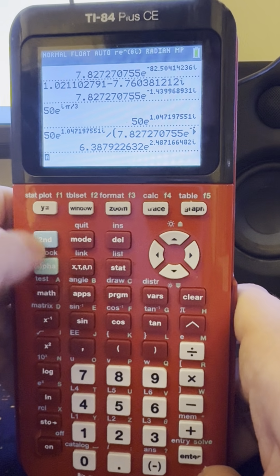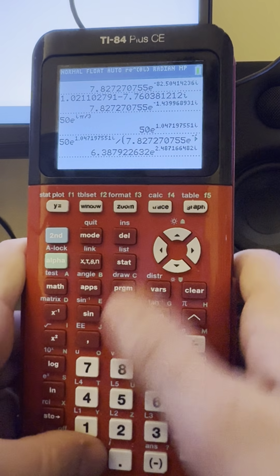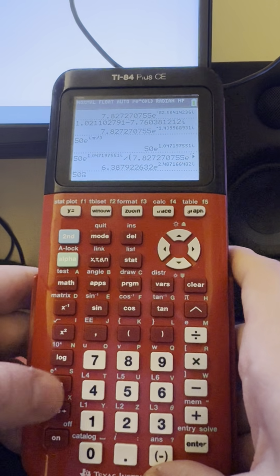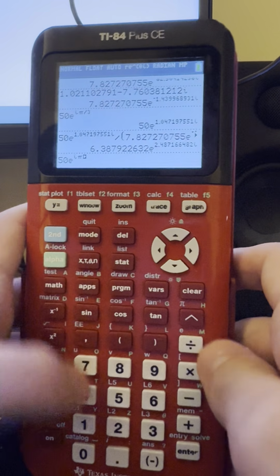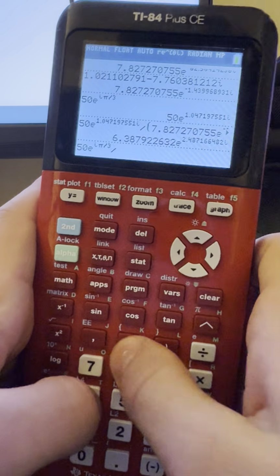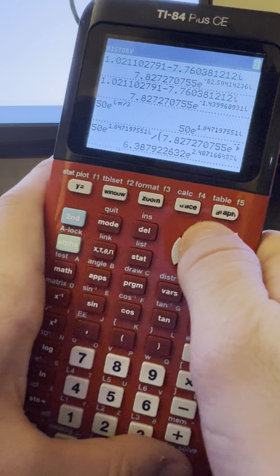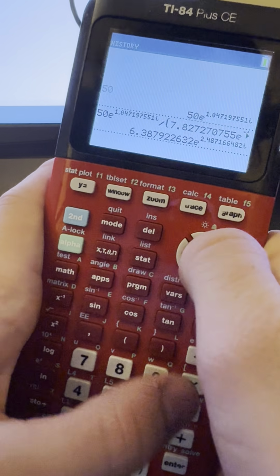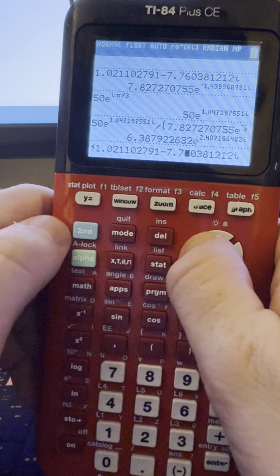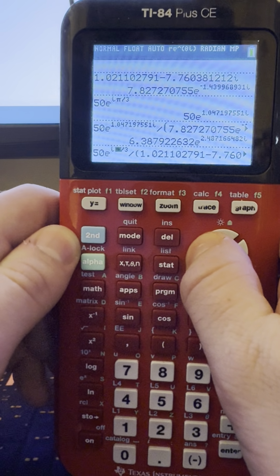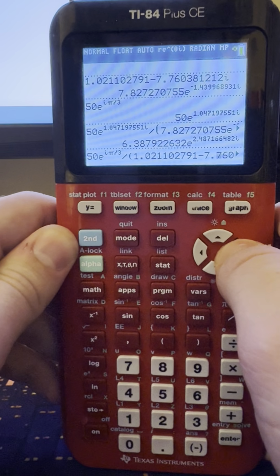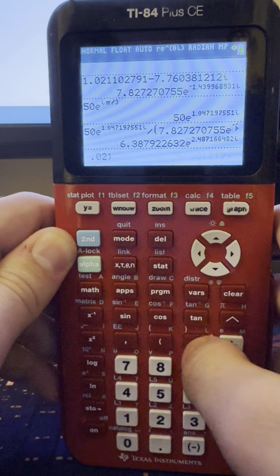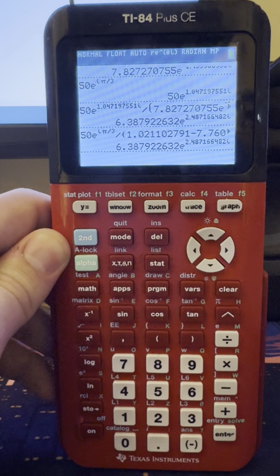Similarly, we could do our 50, if you want to put it in directly, you could say 50e to the i pi over 3, and then divide this by that number we got earlier, which was this. And even though this is really long and scary, and oh no, we're dividing e to the j theta by a plus bi form, it will do it all perfectly fine and get you the same answer.